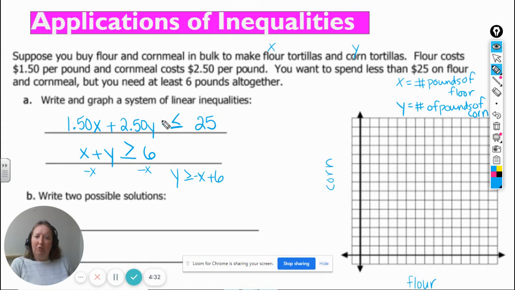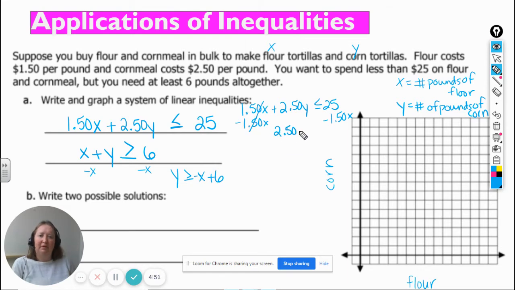Okay, so I'm going to go rewrite this. 1.50x plus 2.50y, the symbol 25. I'm rewriting into slope-intercept form. Okay, that cancels. Now I have 2.50. Could we be leaving off the zeros?